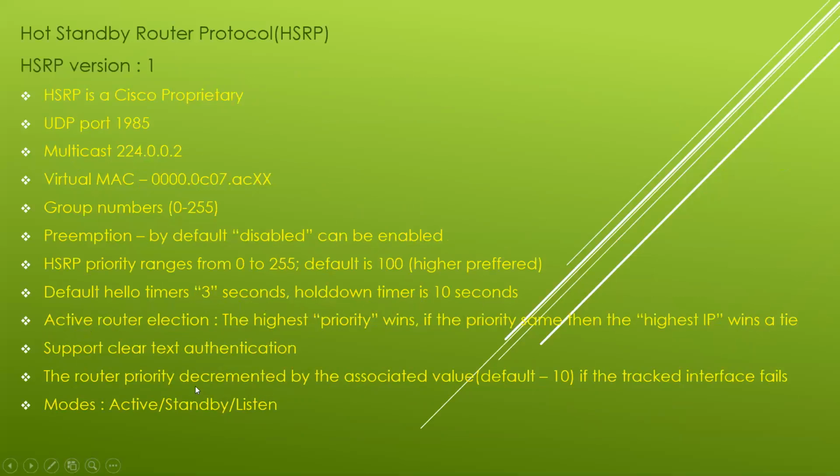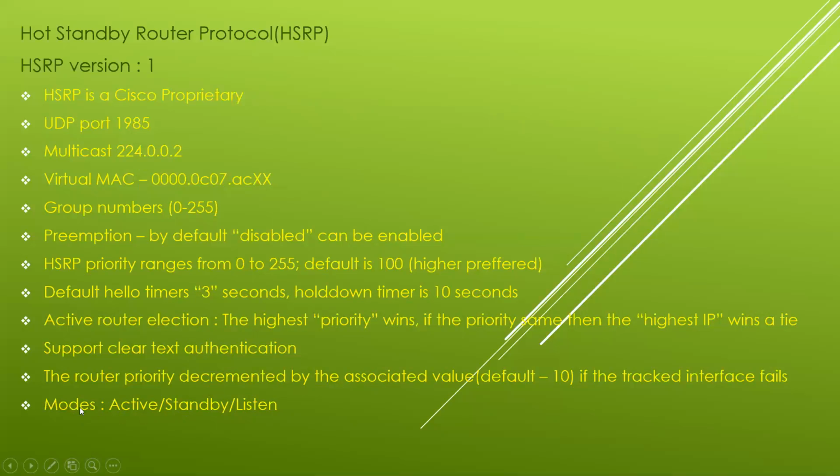Active router election we have done already. HSRP supports clear text authentication. The router priority is decremented by the associated value, default 10, if the tracked interface fails. I will explain this when we cover the track scenario. This is very helpful.